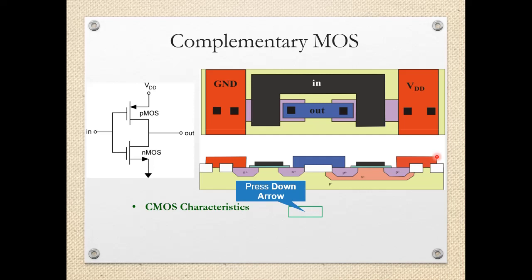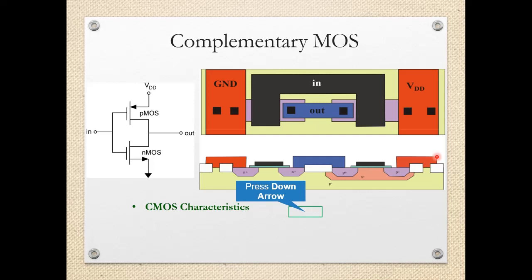By connecting the two diffusion regions, we are taking the output common, that is the source of P MOSFET and drain of N MOSFET are shorted. That is done with the help of this metal strip over here, and the output is taken. Then the gate terminals of both the devices, which are shown with black color, are also shorted, and to that the input is applied.